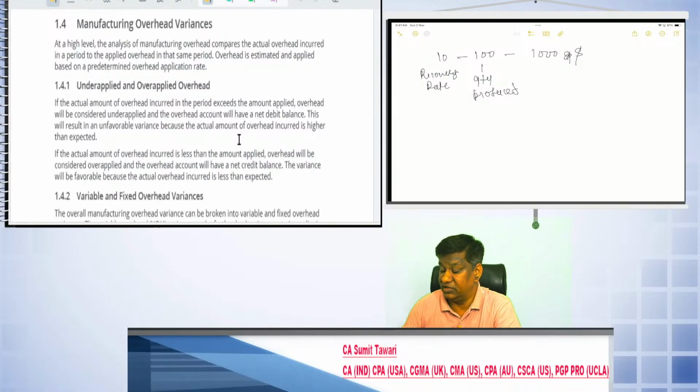So here I am considering the quantity produced. Okay, I assume that I am going to expense out $1000, which I need to apportion over 100 quantity produced. So my overhead recovery rate is 10. Okay, so if I produce one quantity, I will add $10 as an overhead cost. So this is basically the standard data.